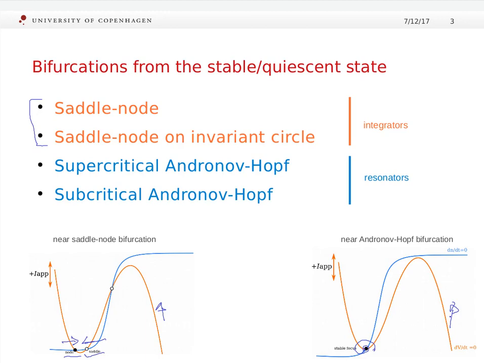Arguably, such a situation, when a change is only required in a single parameter, is more likely to happen in real neurons than bifurcations requiring simultaneous change of two or more parameters in a coordinated manner.